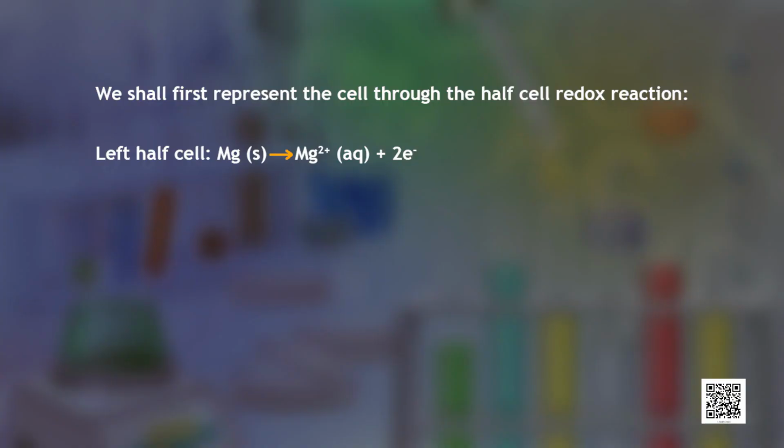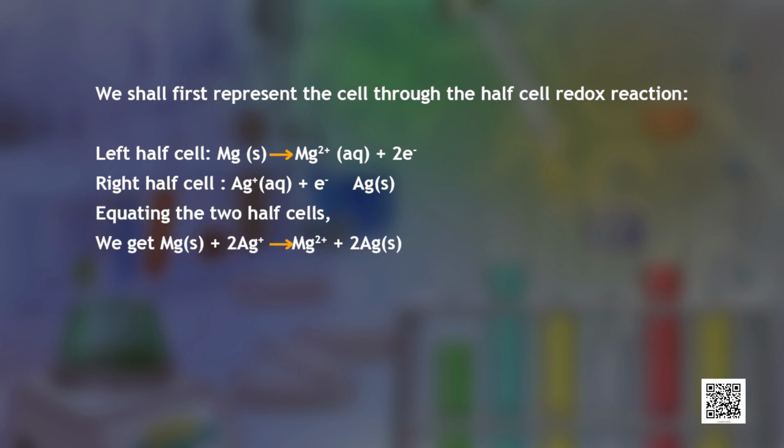Let us take another example of magnesium and silver electrode. We shall first write the cell through the half cell redox reaction. Left half cell represents the oxidation reaction when magnesium loses 2 electrons, while the right half cell represents the reduction reaction when silver ions gain the electrons.